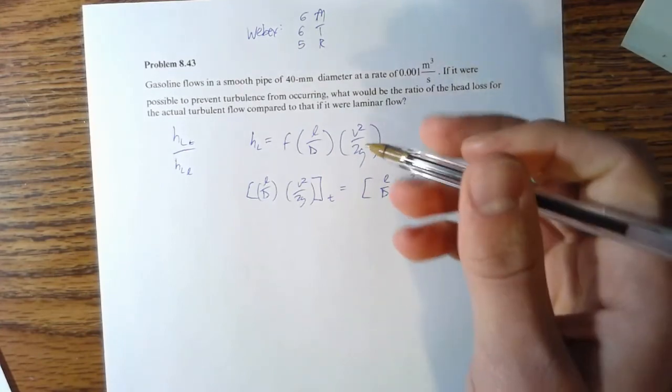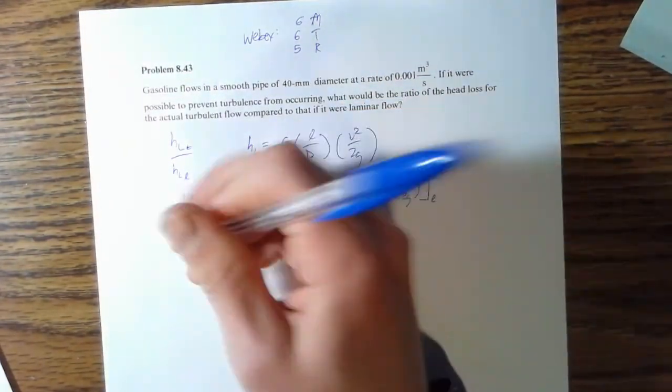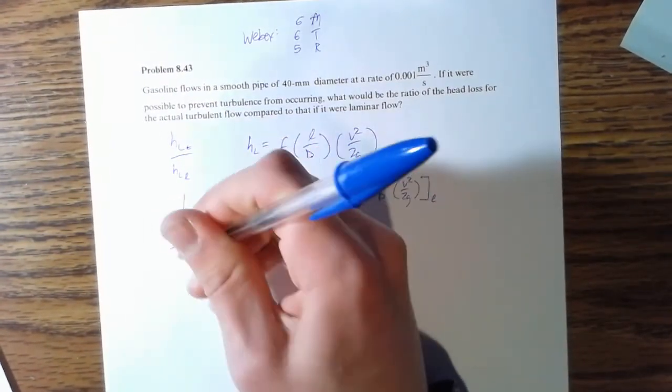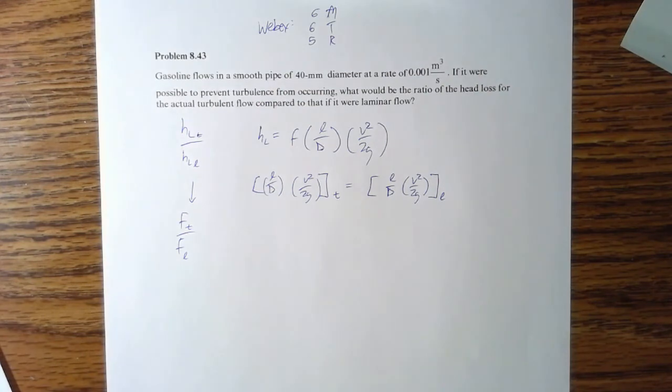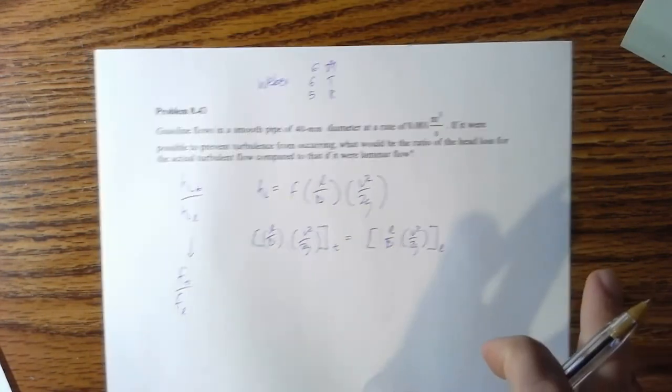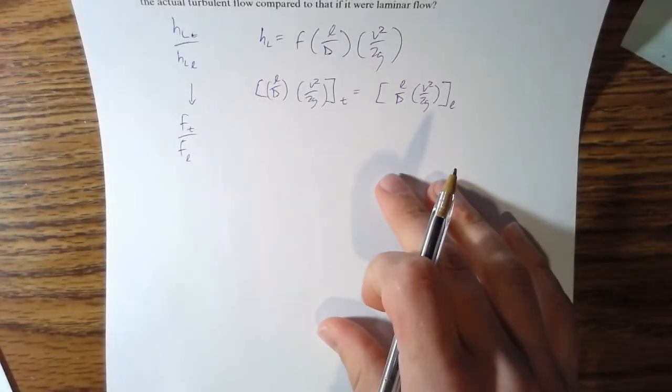So really what this becomes is the friction factor of turbulent over the friction factor of laminar. All right, so not such a bad deal.